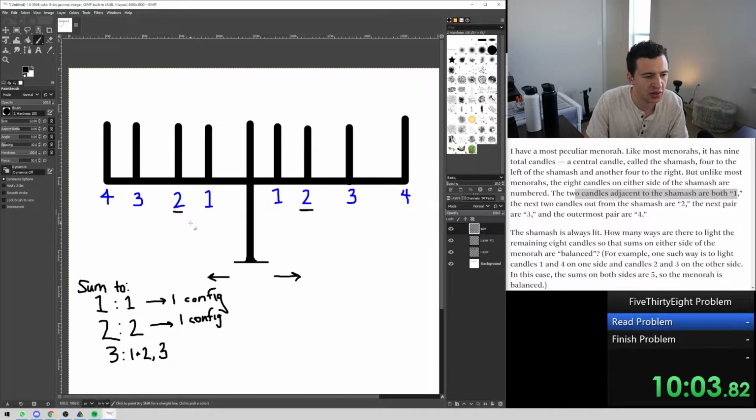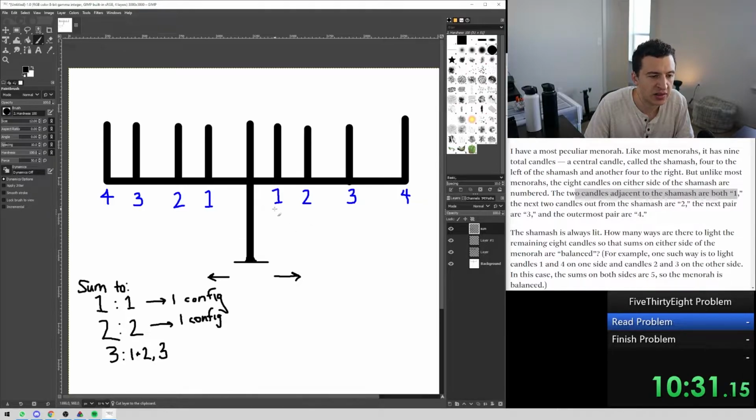Now this is where it gets a little tricky when we are summing to 3. So both sides will sum to 3, and both sides have 2 different ways that they can do it. And so it becomes a little trickier. So the left side could use 2 and 1, or the left side could use 3.